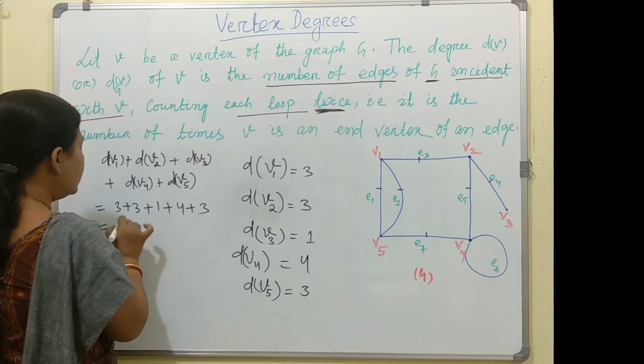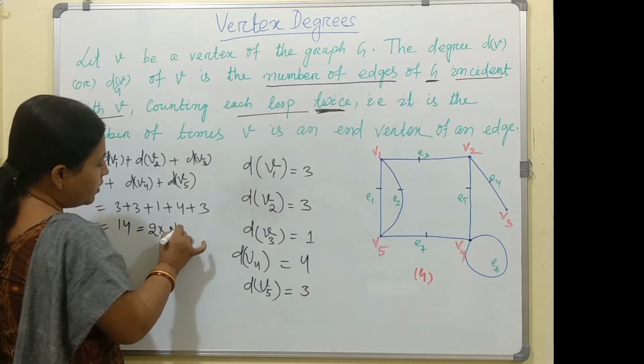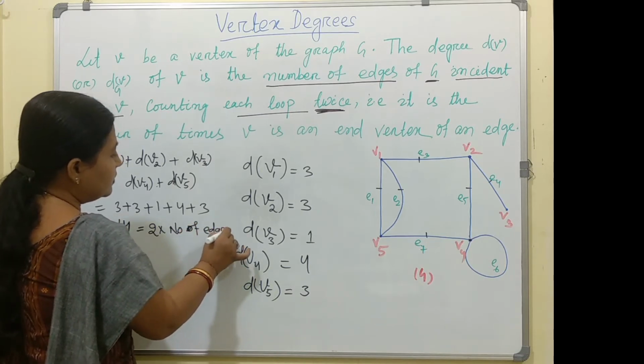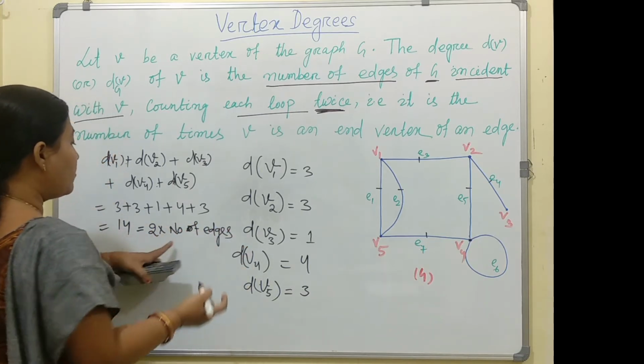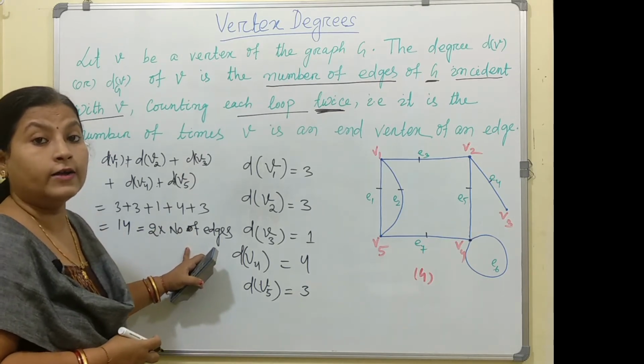So this is 14, that is equal to 2 into number of edges. This 2 into number of edges is 14, that implies number of edges is 7.